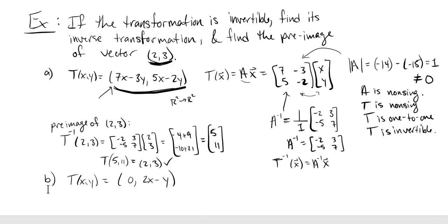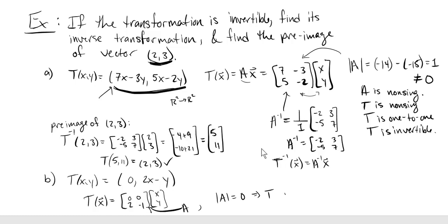What about this last one here, part B, transformation T of xy equals 0, comma 2x minus y. Let's unpack that into a matrix again and view what representative matrix we have for this. It looks like we would get 0 for both the entries in the top row and 2, -1 in the bottom row. With that definition of matrix A, notice the determinant of A is 0.